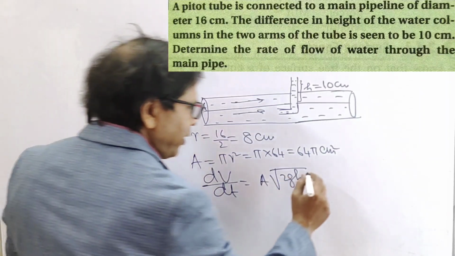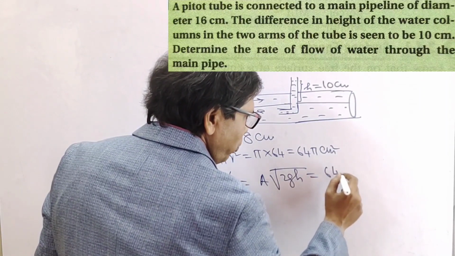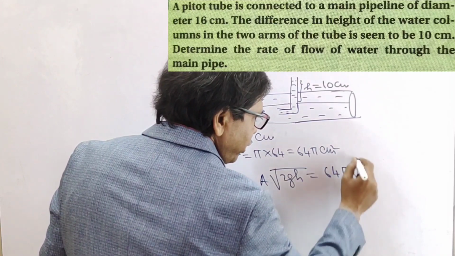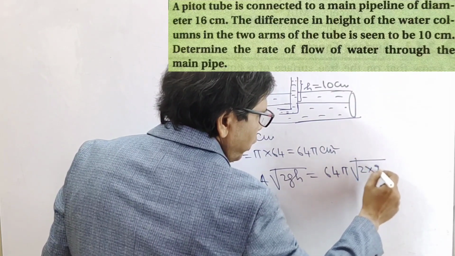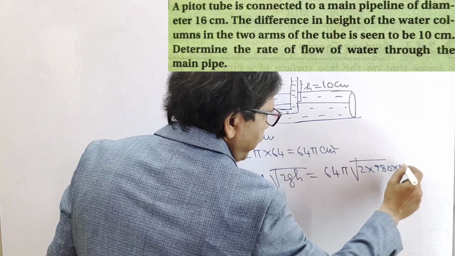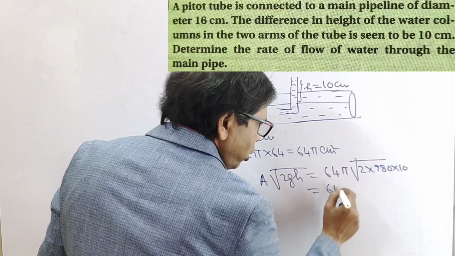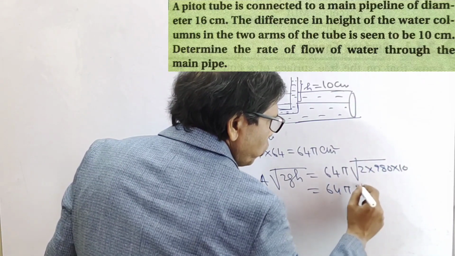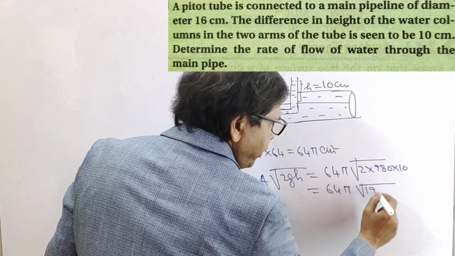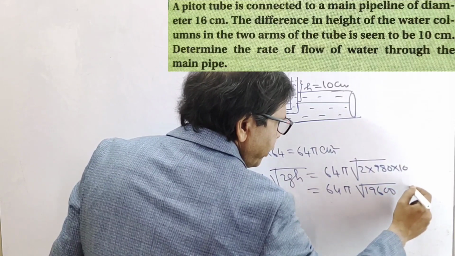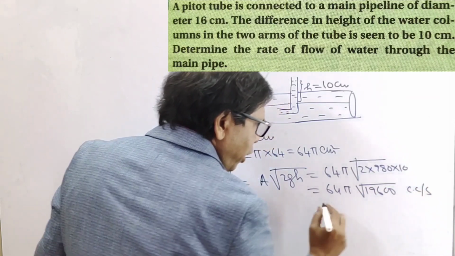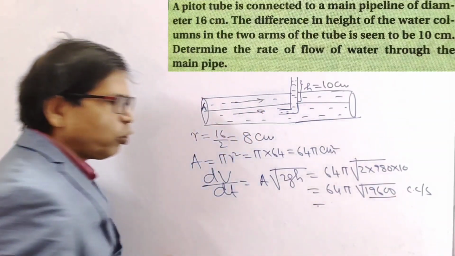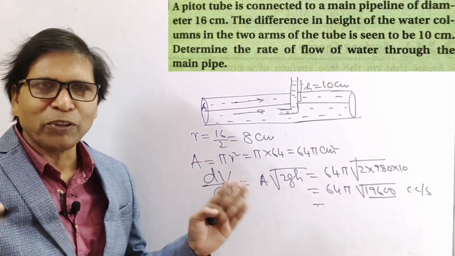So look at this, A is 64 pi, and this is 2 into 980 into 10. So this is 64 pi into 19600, this is cc per second. Now root of 19600 means 140.